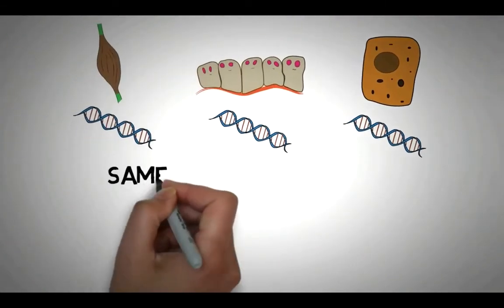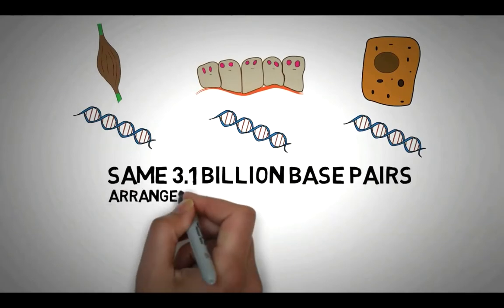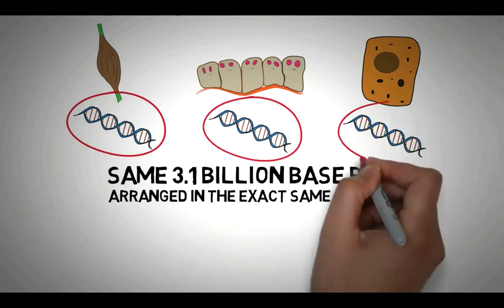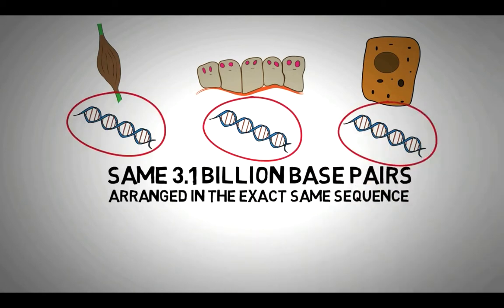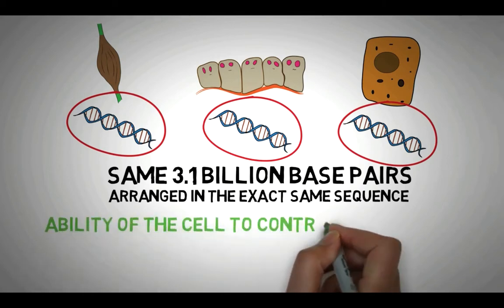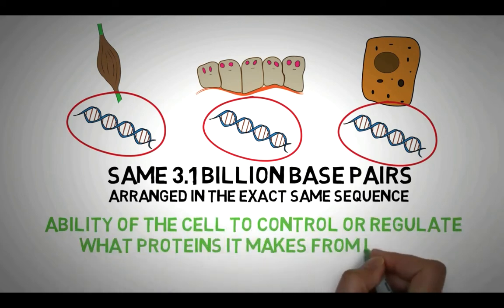Now, if you take out the DNA from the nucleus of a muscle cell, a skin cell, and a cell from the intestine, they would contain the same 3.1 billion base pairs of nucleotides arranged in the same sequence. But despite having the same DNA, they are completely different, and this is because of the different proteins they produce. This is all possible due to the ability of the cell to control or regulate what proteins it makes from its DNA.